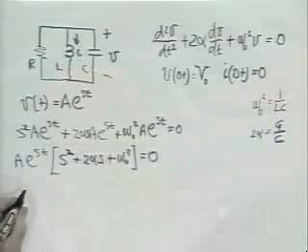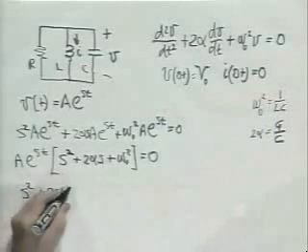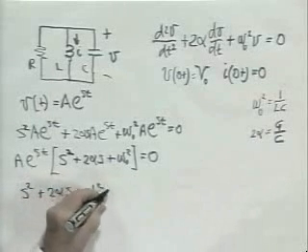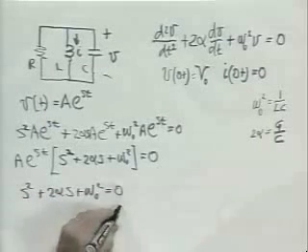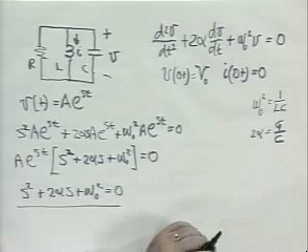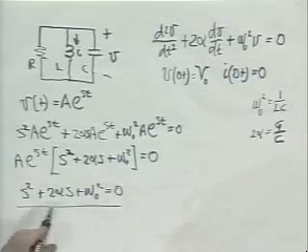So we must set s squared plus 2 alpha s plus omega naught squared equal to 0 in order to get a solution. This is the characteristic equation for this network, the unforced natural characteristic equation of the circuit. And now we need to find the roots of this quadratic equation.